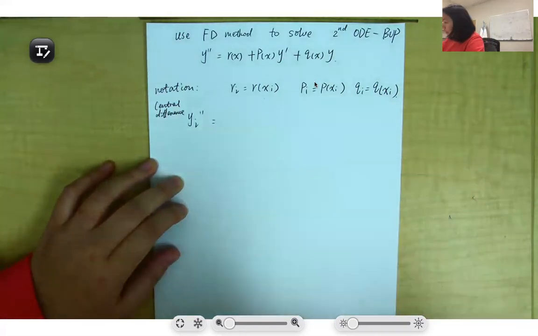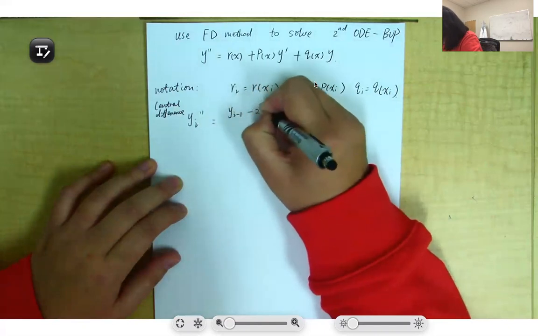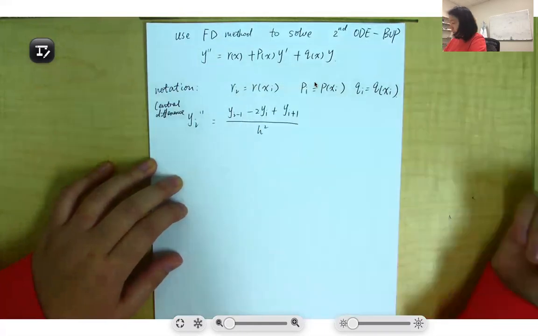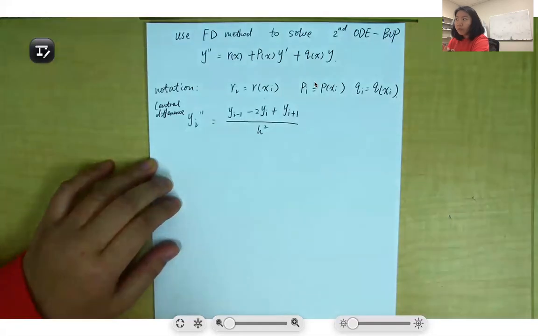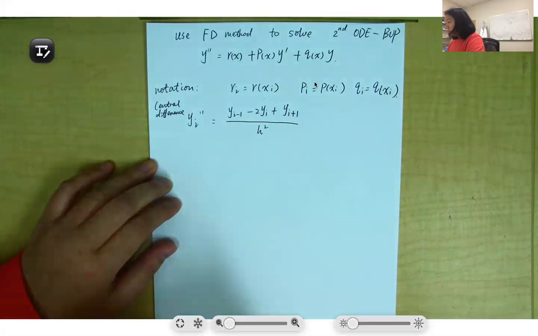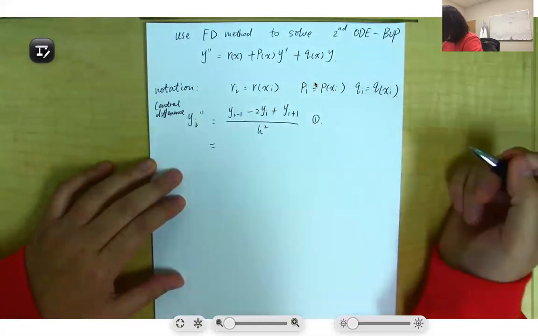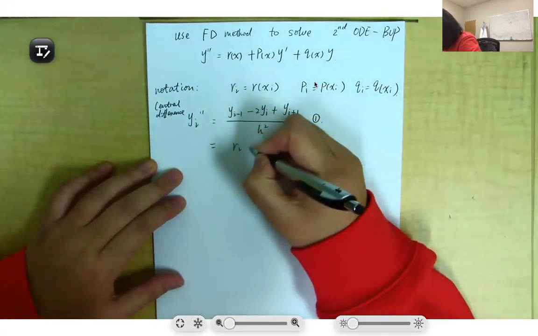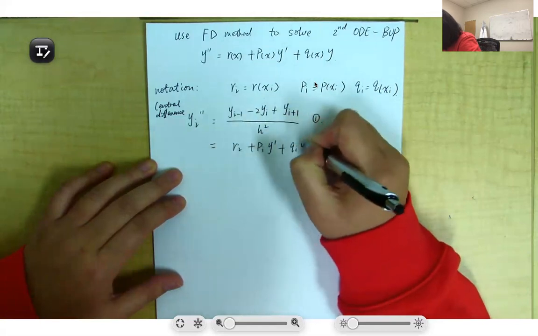So yi double prime will be equal to yi minus 1 minus 2yi plus yi plus 1, divided by h squared, where h is the step size between xi and xi plus 1, right? So this is equation 1, which is equal to ri plus pi y prime plus qi y, right?